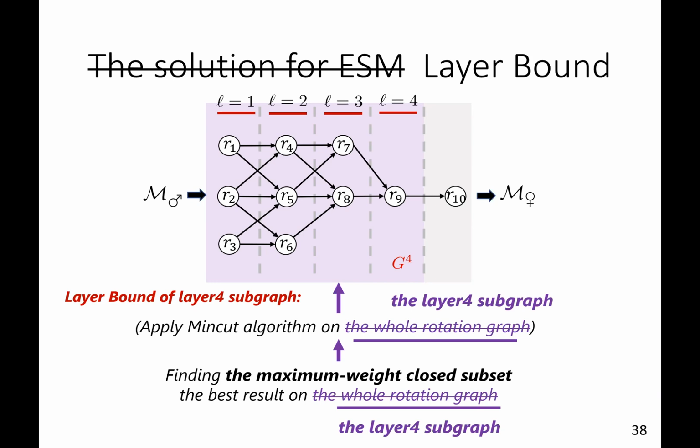In the example here, we can apply the min-cut algorithm on the layer 4 subgraph and find the best result on it. This is the layer bound of the layer 4 subgraph. Each time we remove an outlier, we then get the layer 3 subgraph.